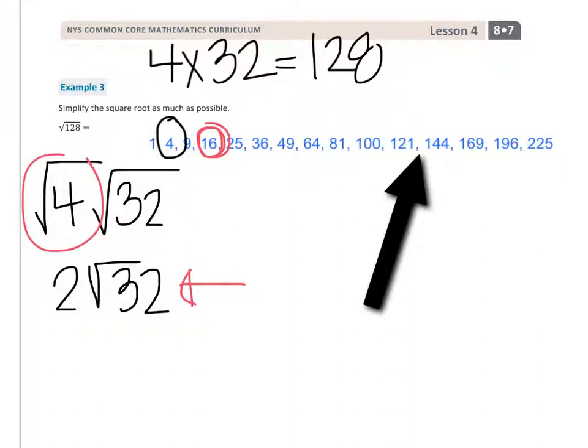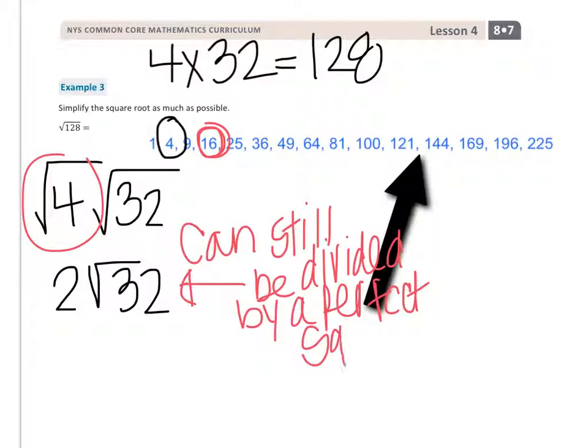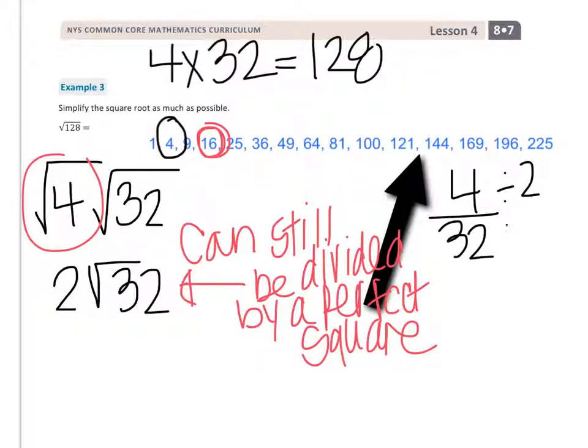So when I did this, what this means, since my square root can still be divided by a perfect square, it means I'm not done. It's not in simplest terms. It's almost like saying I have 4 over 32, and I divide them both by 2, a common factor, instead of dividing them both by 4.